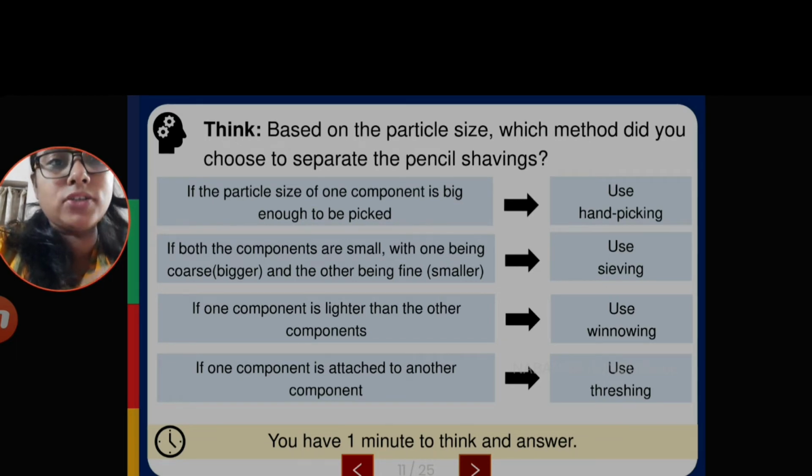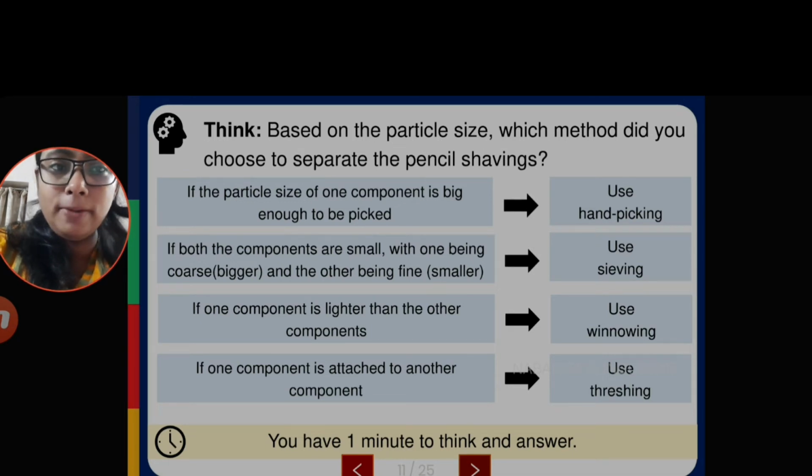If both components are small, with one being coarse and the other fine, then obviously we will go for the sieving process. If one component is much lighter than the other, we will go for the winnowing process. If one component is attached to another, we will beat them, which is known as the threshing process. Okay.